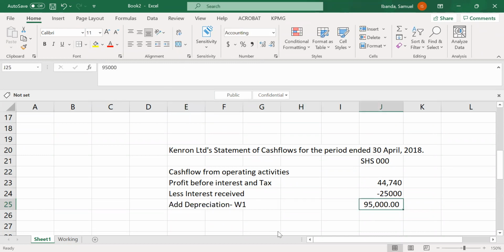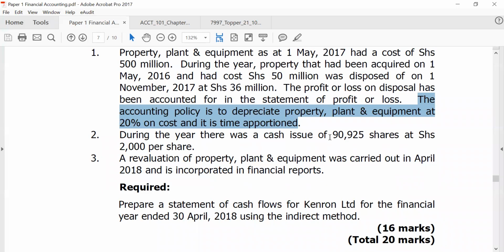Now, the next thing that I'm going to look at is, remember we said that if we have a profit on disposal or loss on disposal, that's also another adjustment. So I'm now going to calculate my profit or loss on disposal. Again, I want to ask for your attention here.